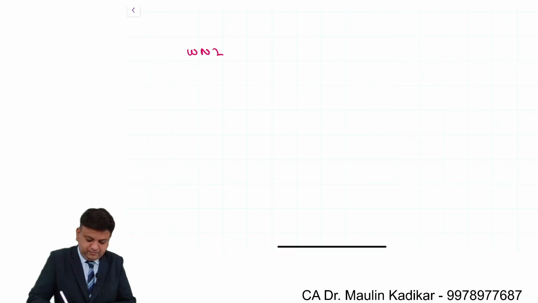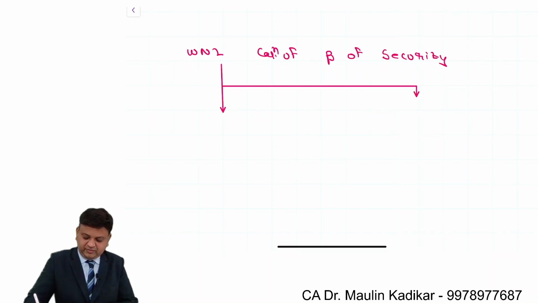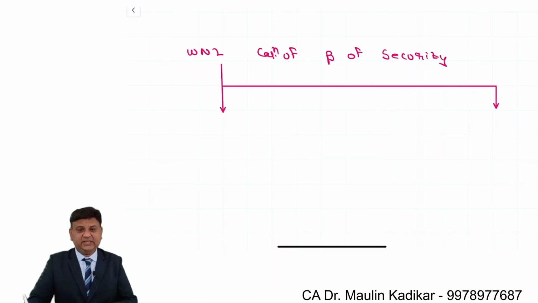Working note number 2, calculation of beta of security. Now as far as beta of the security is concerned, in this question it can be calculated by two methods, but not always.